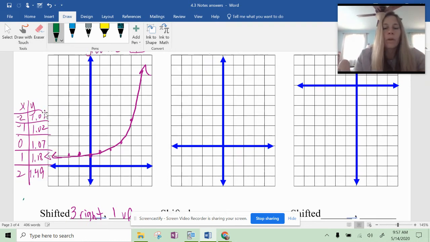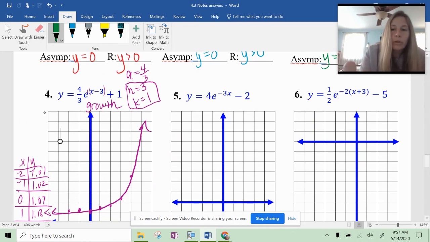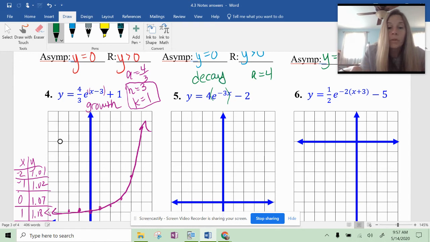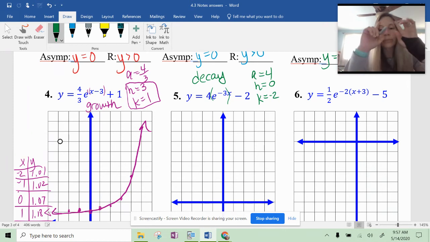Okay. So looking at this problem here, my A is +4, so it could be growth or decay. But my R value is a negative, which means that this will be a decay factor. So we know this is going to be a decay problem. And my H right now, there is nothing adding or subtracting for the H. The H is 0, and the K value is -2.